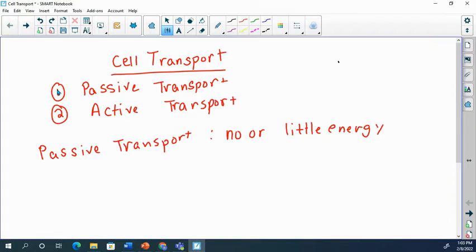So there's just a little bit of energy that is required by the cell for material transport, and molecules move from higher concentration to lower concentration.